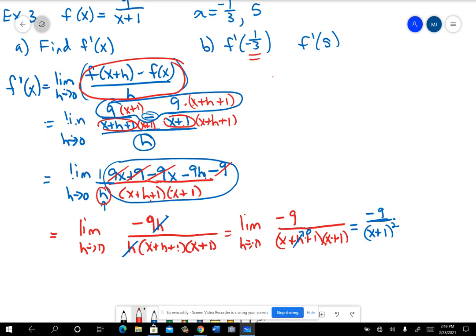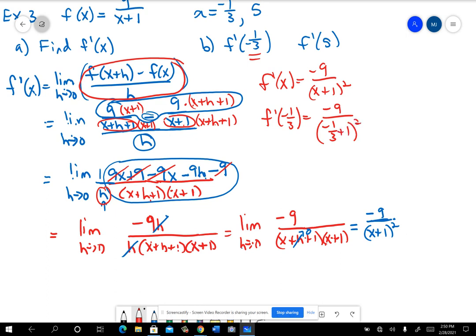So basically we know f prime of x now equals negative 9 over the quantity x plus 1 squared. So if we need f prime of negative 1/3, we just have to plug in a negative 1/3. See, we've already done the formula in general, so we just plug it in, simplify that.